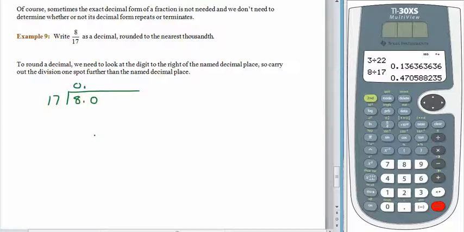Should I just keep on dividing until I eventually get no remainder, or until I find the chunk of digits that starts to repeat? And the answer to that question is no, because we wanted the nearest thousandth. In order to round to the nearest thousandth, we have to look one place to the right. So we're going to go ahead and carry out this division.